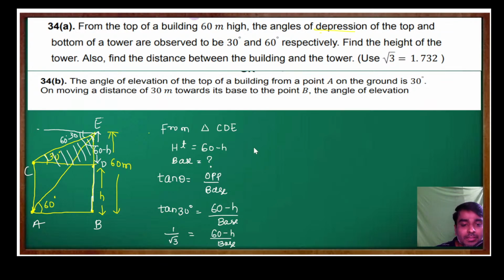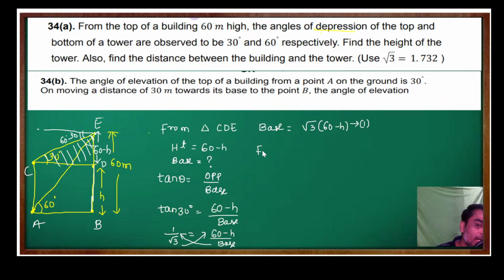Now what will happen? Base will be equal to, I am doing shifting now. I will bring the base to the left side, then root 3 I will take here. So base will be equal to root 3 into 60 minus h. Keep this as equation number 1 and go to the second triangle.